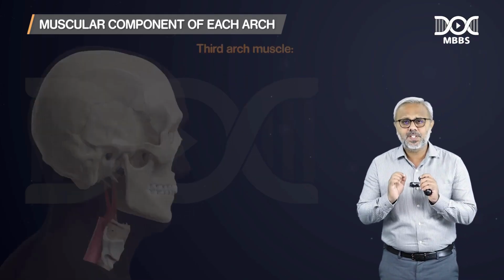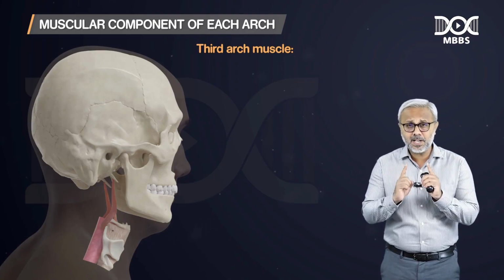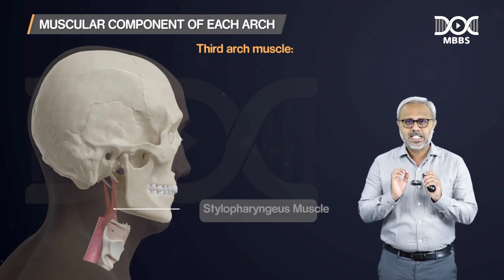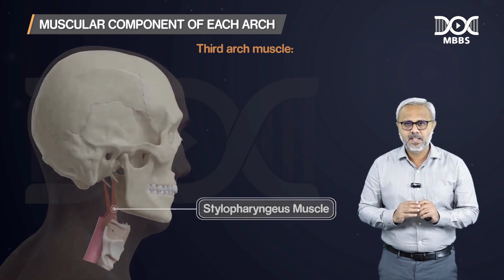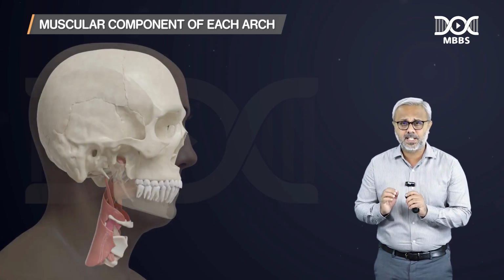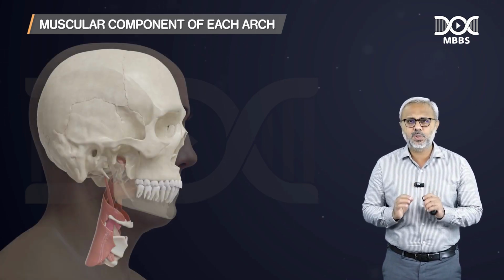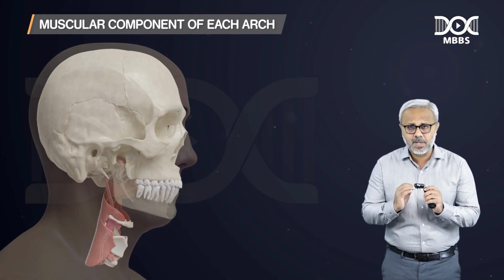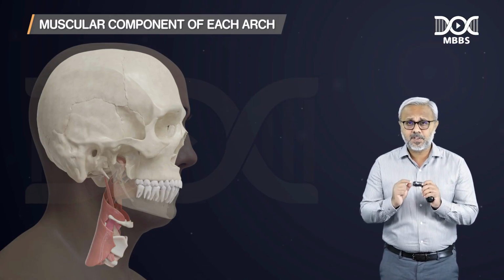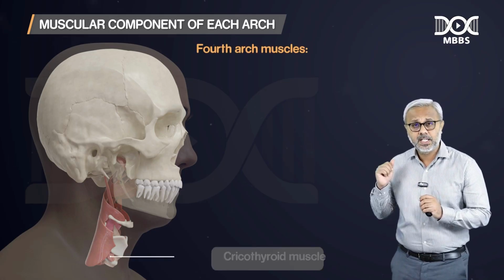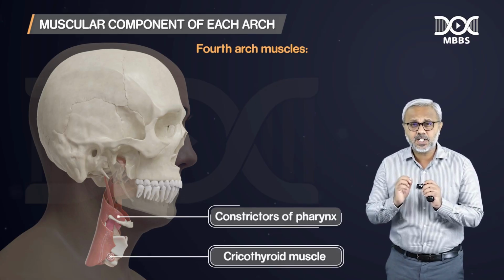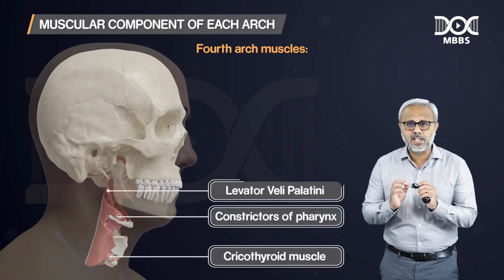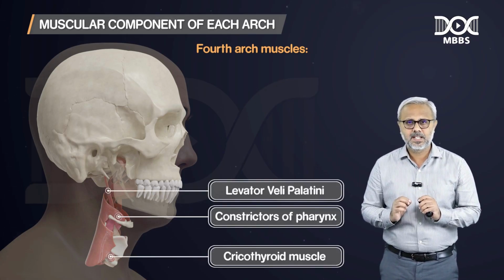The muscles of the third arch, there is only one muscle of the third arch, that is stylopharyngeus. The muscles of the fourth and sixth arch are believed to give rise to the muscles of the larynx and pharynx. But again, if we split, the muscles that develop from the fourth arch include cricothyroid, constrictors of the pharynx and levator veli palatini, right.